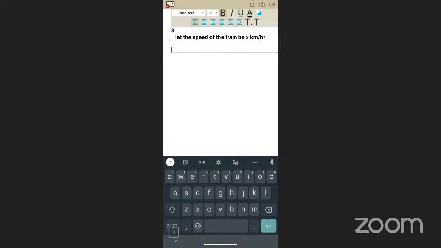Asharul, please tell me, if speed equals distance by time, now what will be the formula for time? Distance by speed, very good. Now in this particular question, everyone please mute and listen.